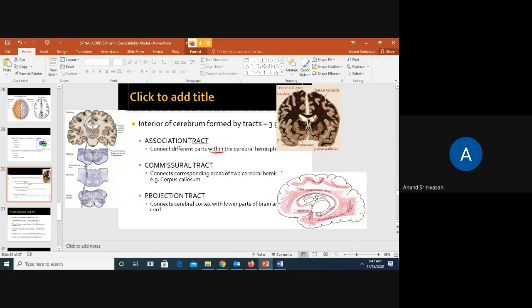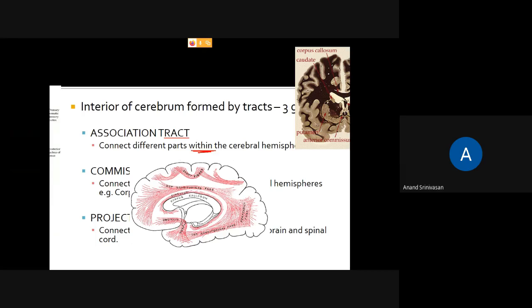When I ask a question, you hear the question. It passes through the ear, and then it reaches one part of the brain, which is the temporal lobe. The hearing area is located in the temporal lobe, so you understand the question.